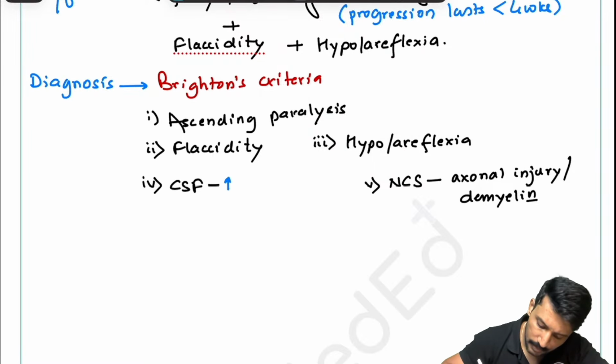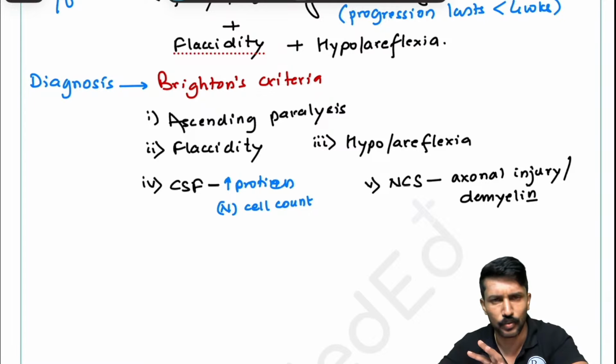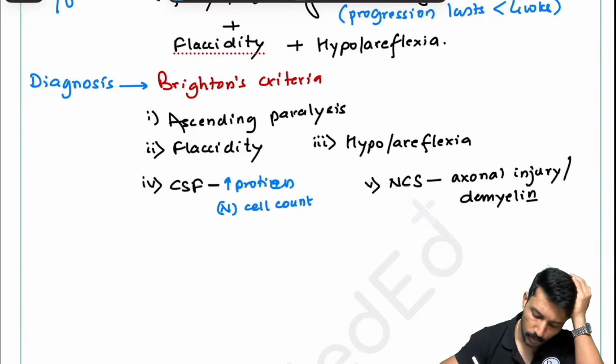So we'll have increased protein and relatively normal cell count. It may be slightly elevated, up to 50 we may see, but close to normal only. But protein can be grossly elevated. So this phenomenon we call albuminocytological dissociation.